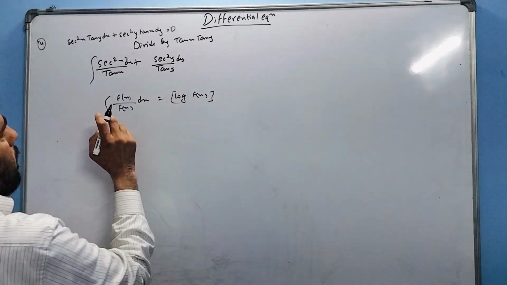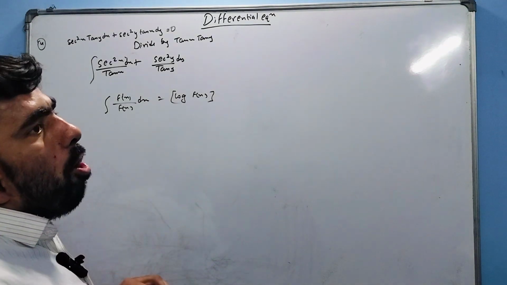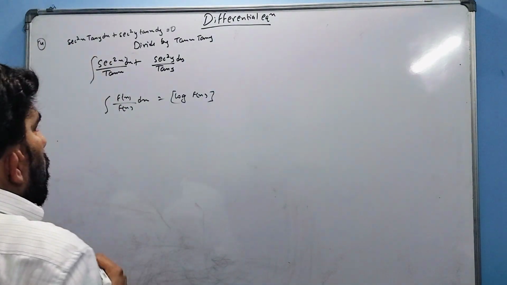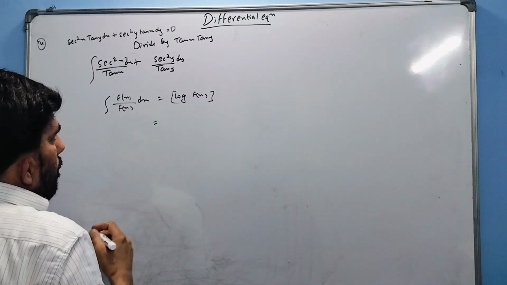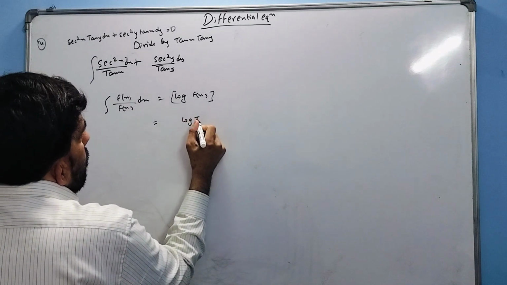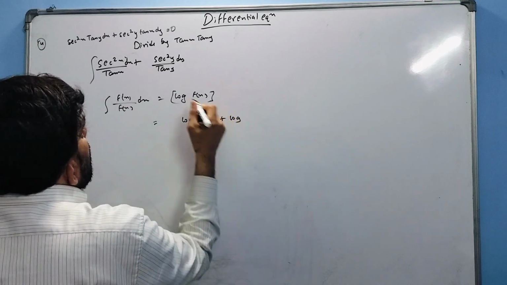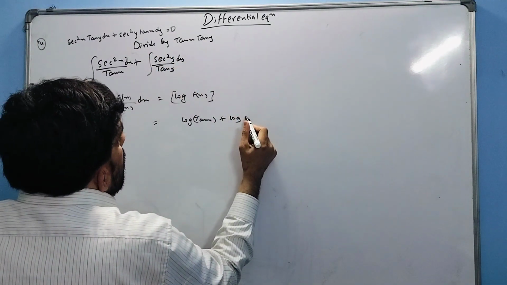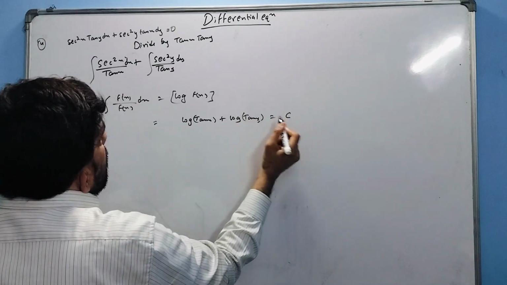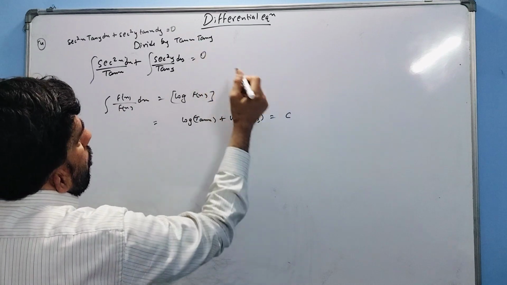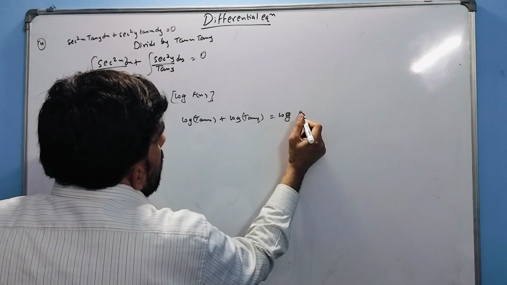Now log of fx is there, so we'll write log of tan x plus log of tan y is equal to c, because here they have given 0 is equal to c, so I can write log of c.